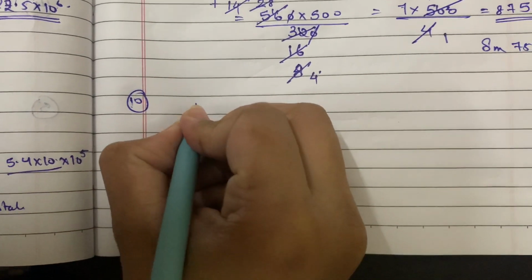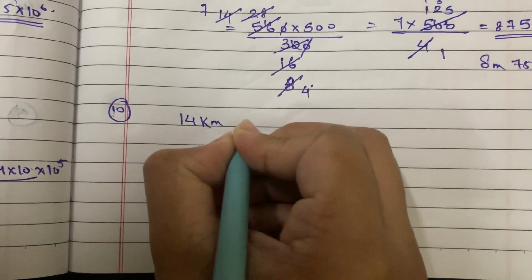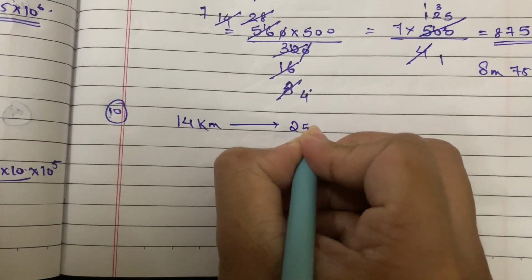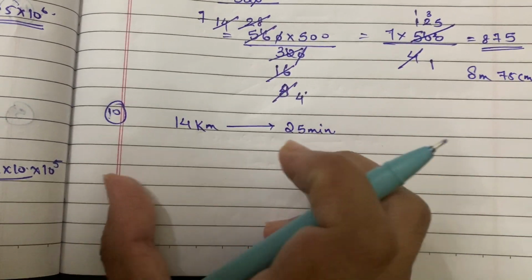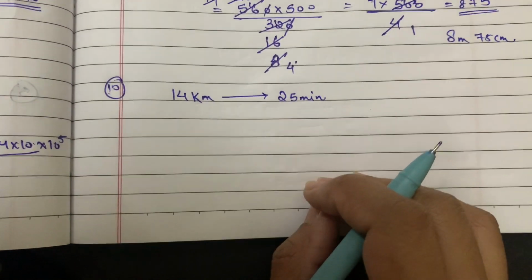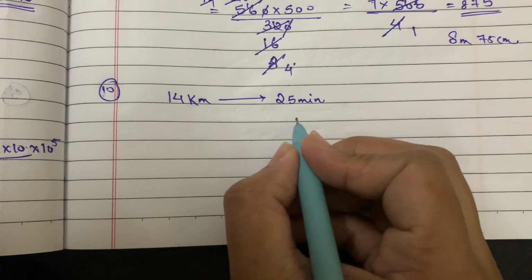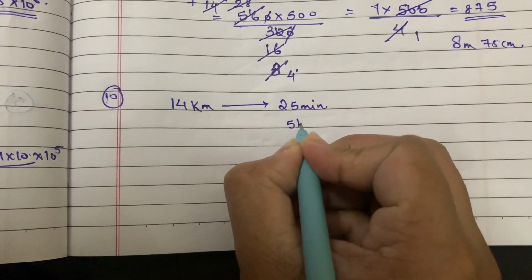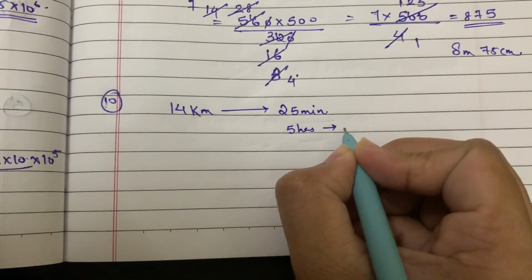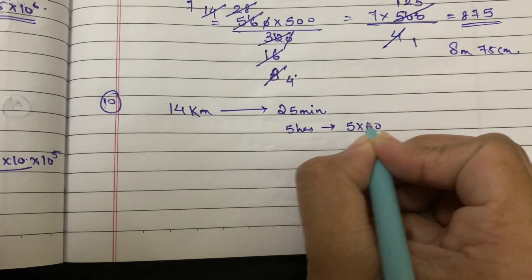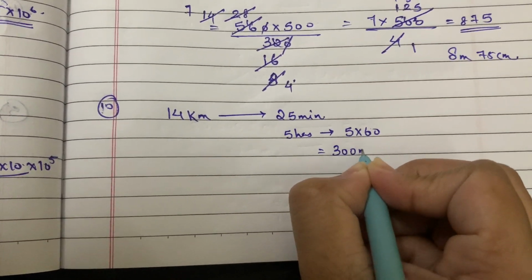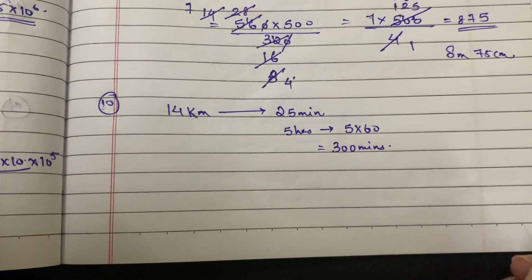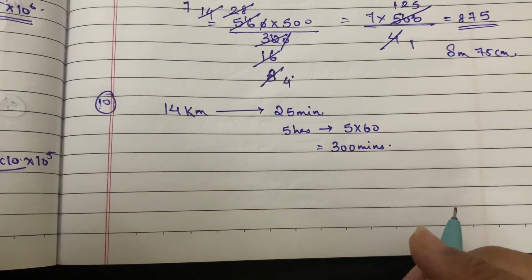If the speed remains the same, how far will it travel in 5 hours? Time is 5 hours, which can be taken as 5 times 60 because I need to convert it into minutes, which becomes 300 minutes.